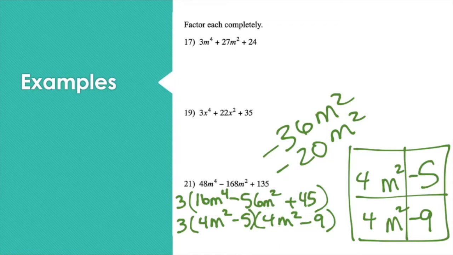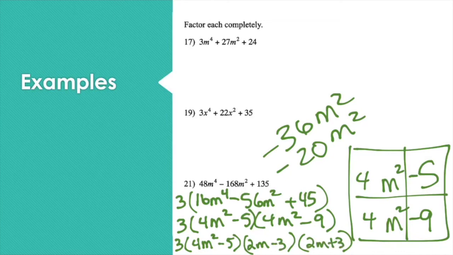So I'm going to rewrite the 3, 4m squared minus 5, and then I'm going to factor that one out because it's a difference of squares. It's the same as 2m minus 3 and 2m plus 3. So we're going to have to continue to think of our skills that we've used in the past. And we're finished with number 21.